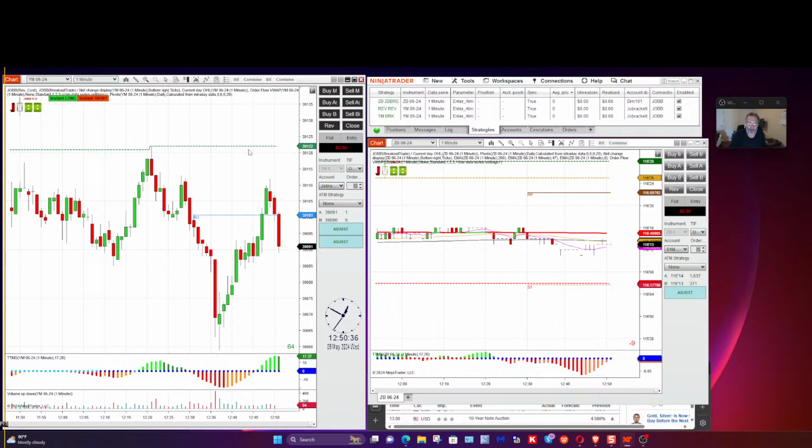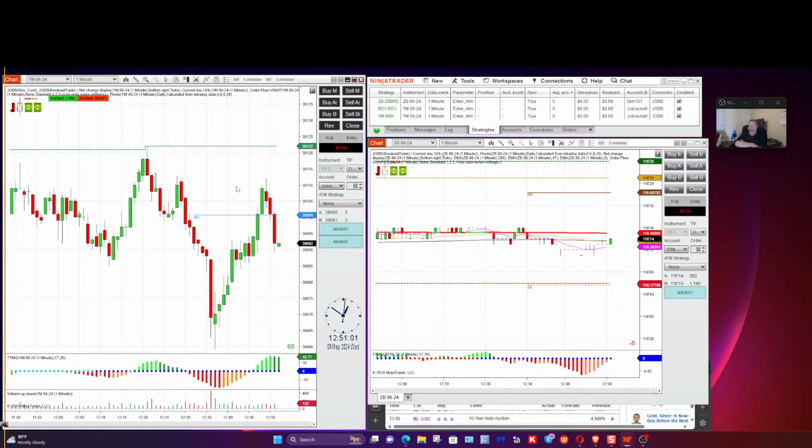So much for the magnet trade. And what's great about it is I wouldn't have risked anything. If it would have worked, I might have had the ability to enter. But the interesting thing about the magnet trade is if it doesn't happen, you don't get hurt.